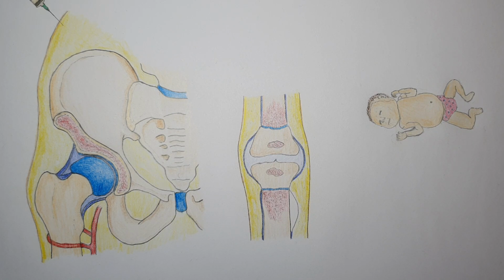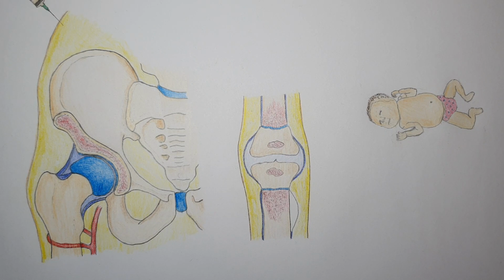So hematogenous osteomyelitis, we can separate into a few different groups of patients. We have young children, we can talk about neonates and infancy, then older children, and then adults.